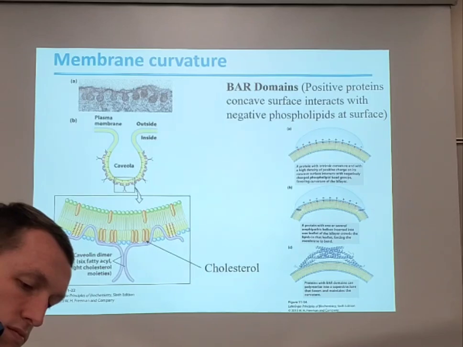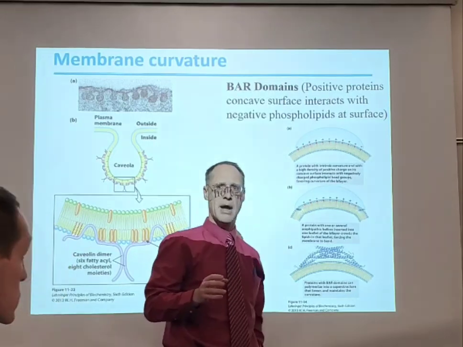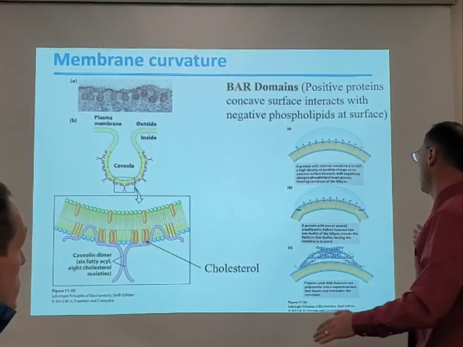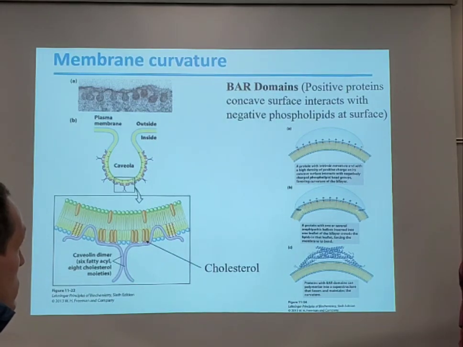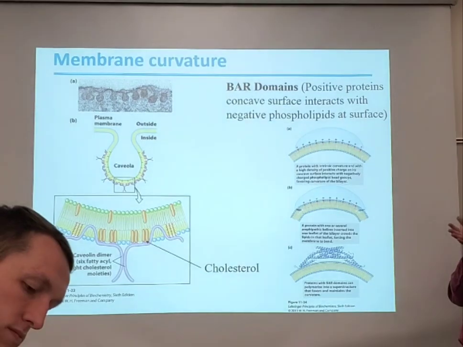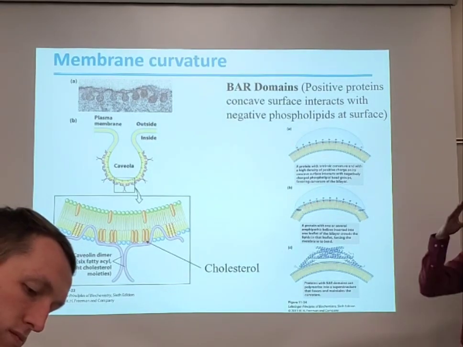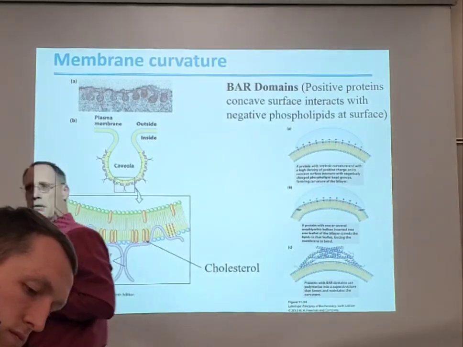There are also pieces that we use here called BAR domains. BAR domains are proteins that are capable of creating a specific curvature of the membrane. So we've got structure of the lipids, and we've got proteins that help create specific curvature, to give it support, to give it angles.